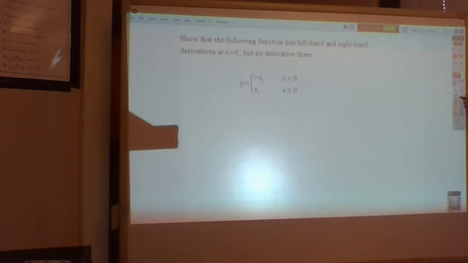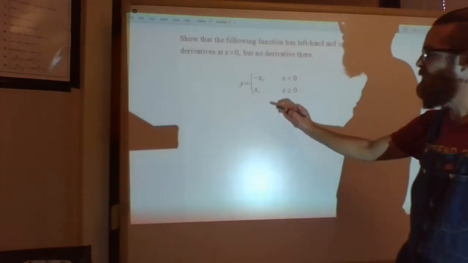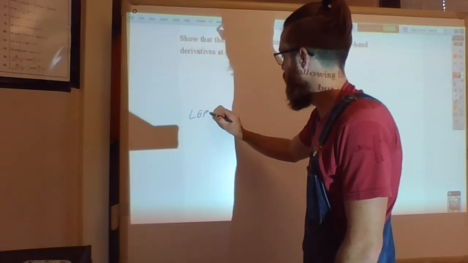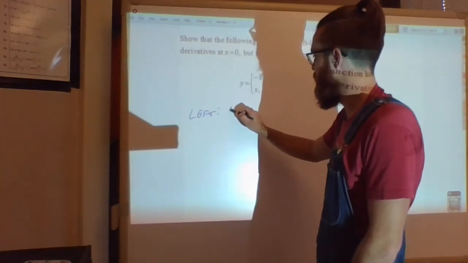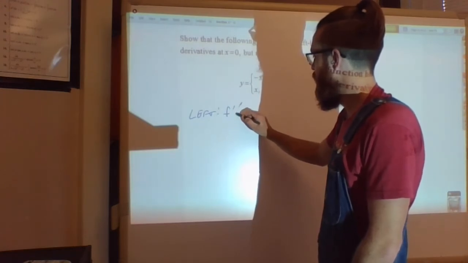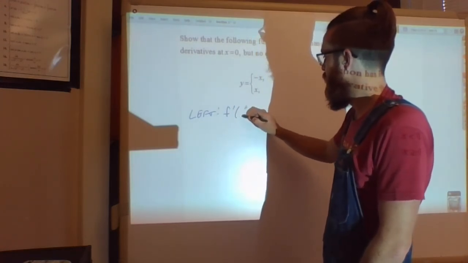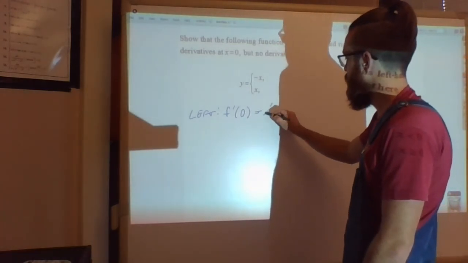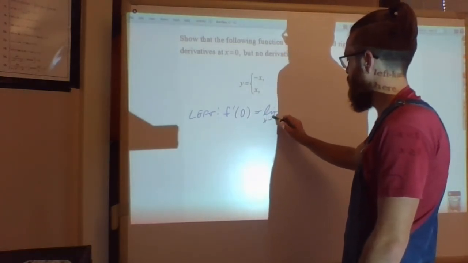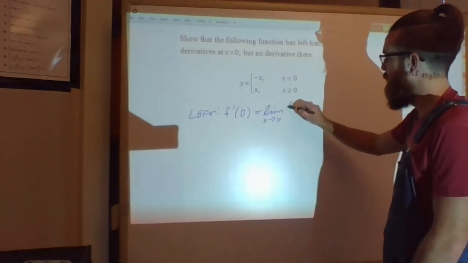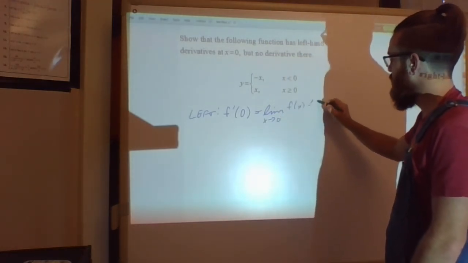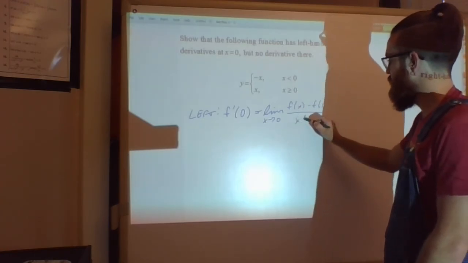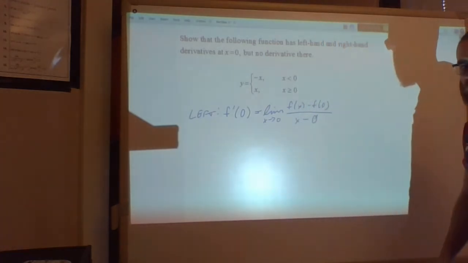All right. So what we have is the left derivative. I'm just going to use the alternate definition. f prime of 0 is going to be equal to the limit as x approaches 0 of f of x minus f of 0 over x minus 0, or just x.